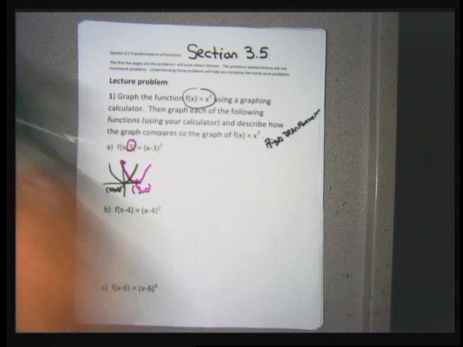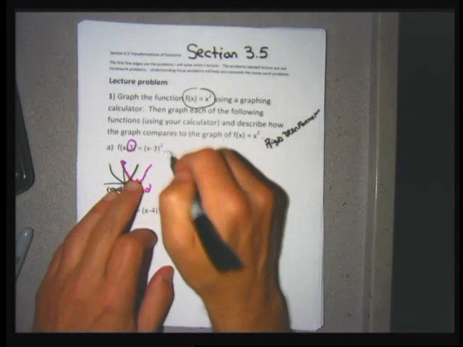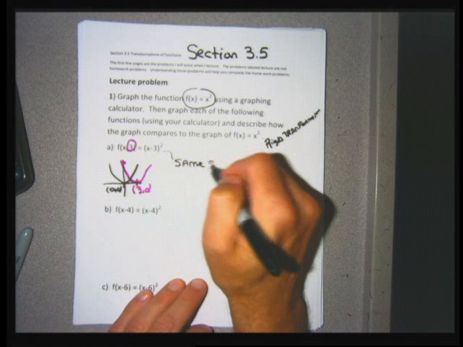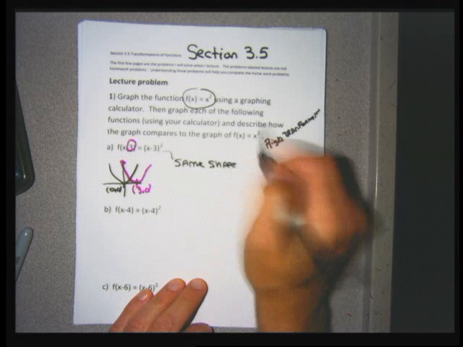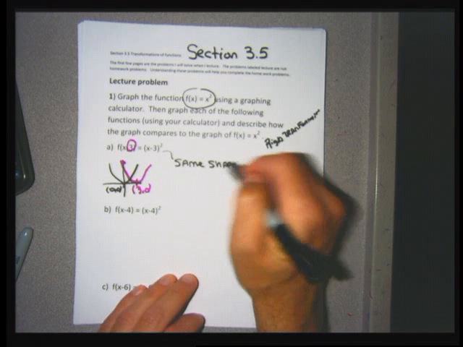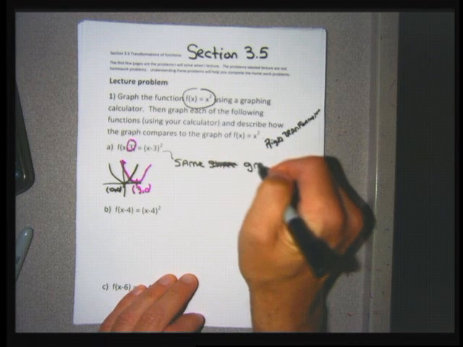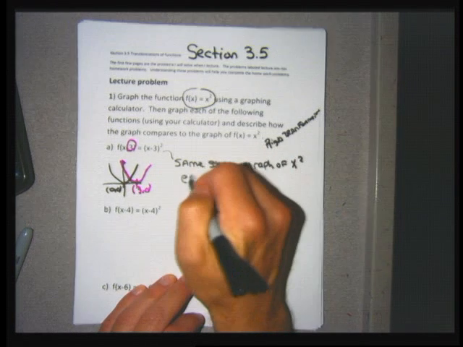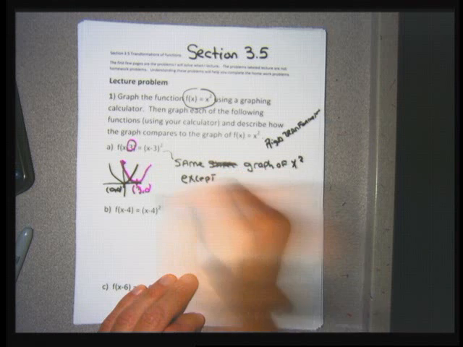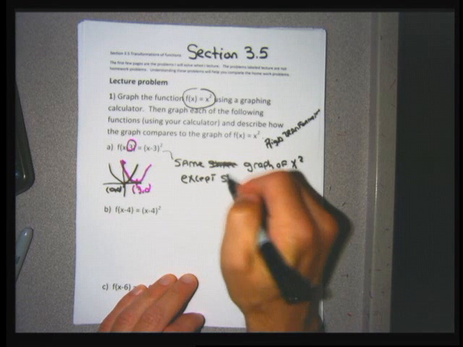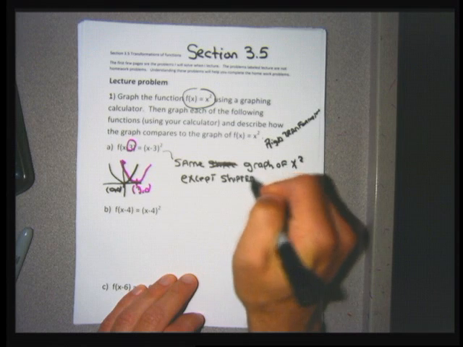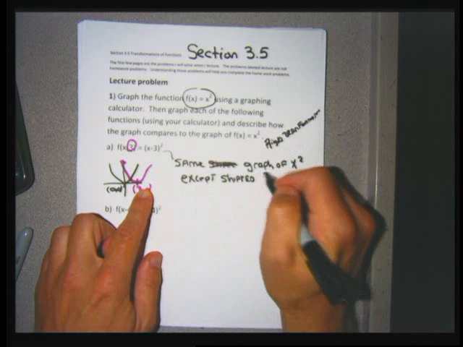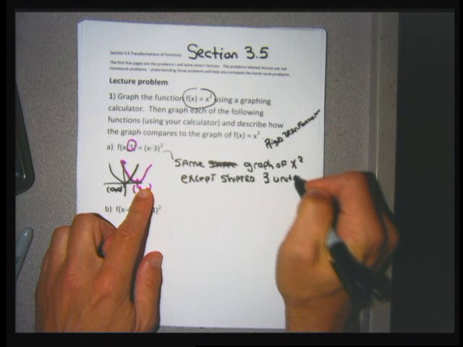If I want to describe how the graphs compare, this graph is the same shape, the same graph of the x squared function, except it's moved or shifted. And to get from 0 to 3, that's going to the right 3 units. I'll say 3 units or 3 spaces to the right.